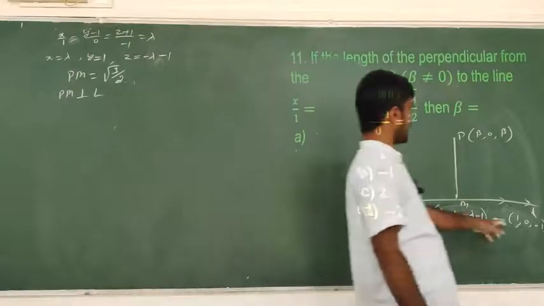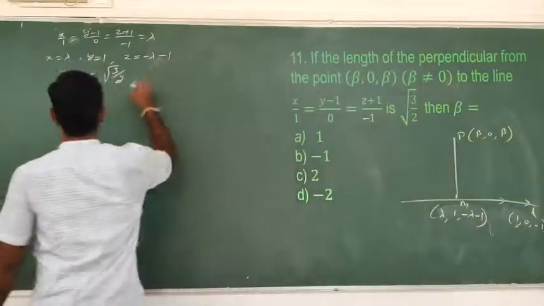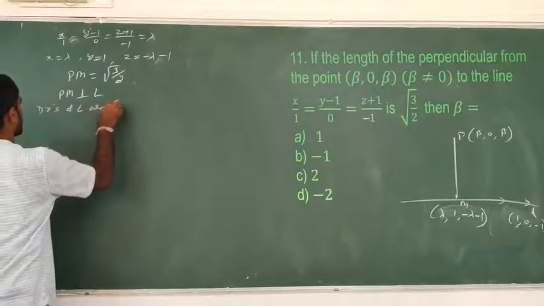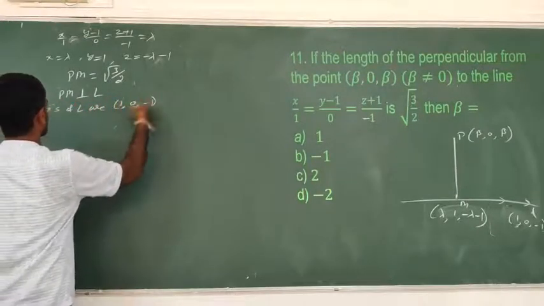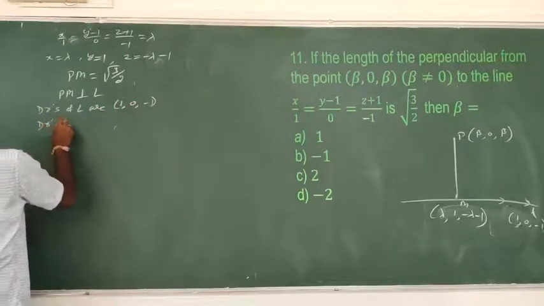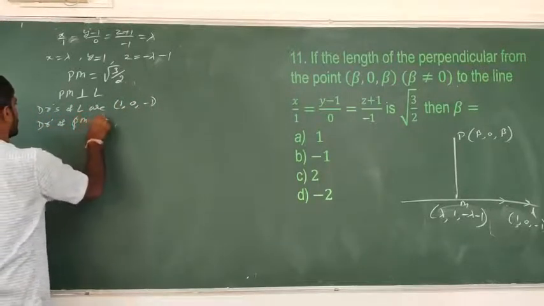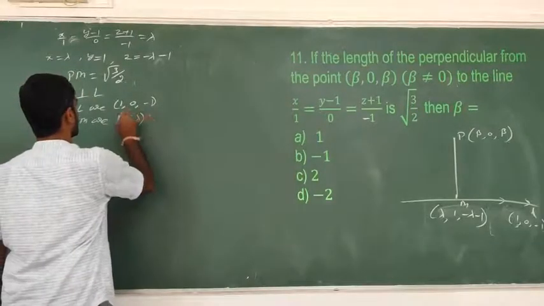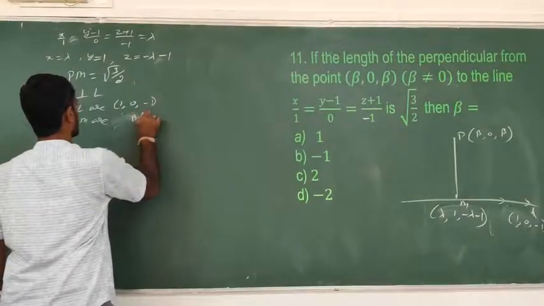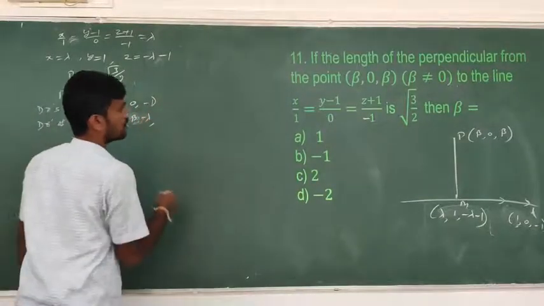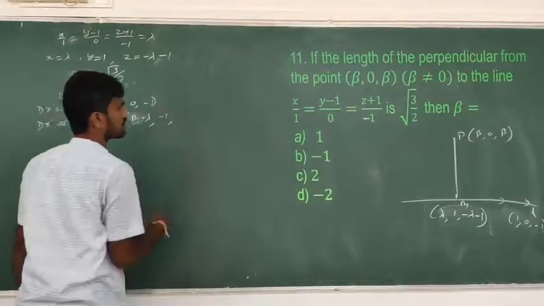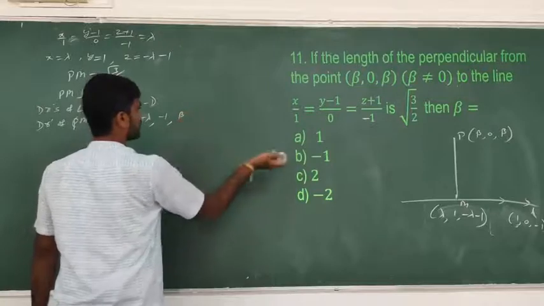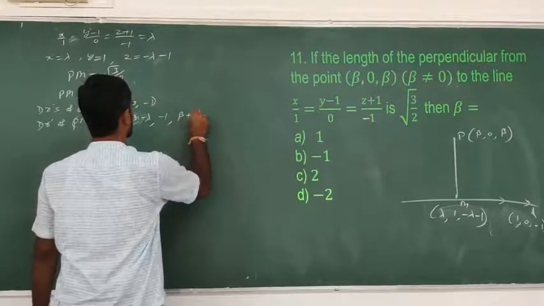So the direction ratios of line L are 1, 0, minus 1, and the direction ratios of PM are beta minus lambda, 0 minus 1, beta minus lambda of minus 1, that is plus lambda plus 1.